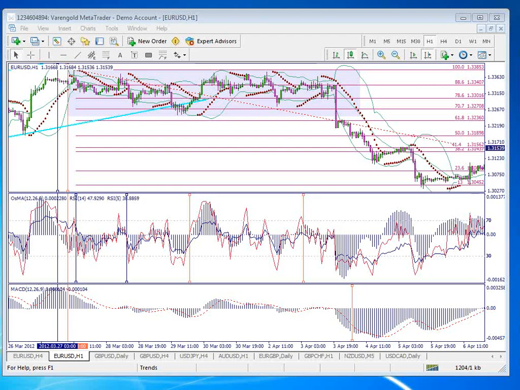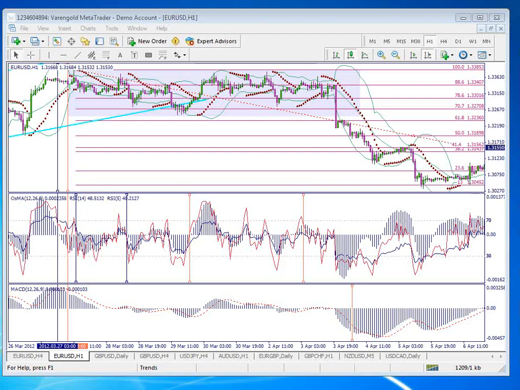Waves number 4 and number 5 are the weakest of the impulse formation. From waves 1, 2, 3, 5, the impulse can have several waves. The number of waves forming the impulse move is one Fibonacci number.